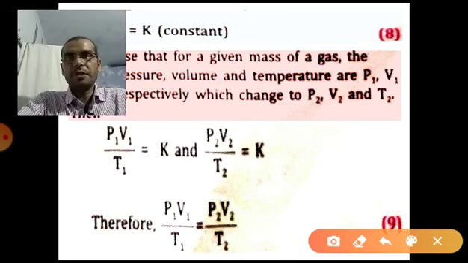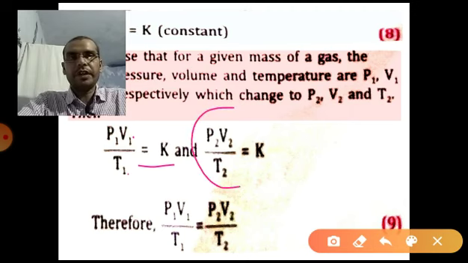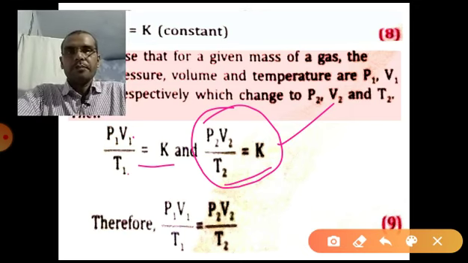In the first case, P1 V1 by T1 equals the constant K, and in the final case, P2 V2 by T2 equals K. Therefore, P1 V1 by T1 equals P2 V2 by T2, because both are constant.